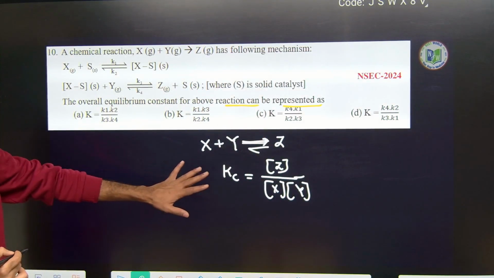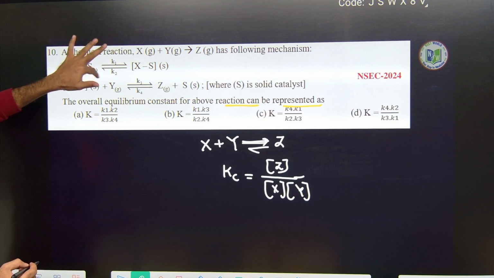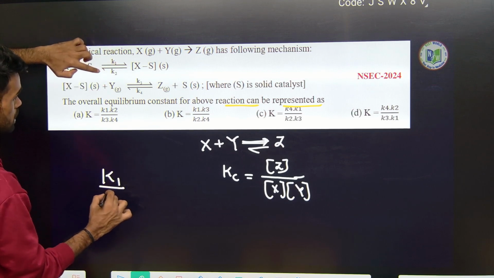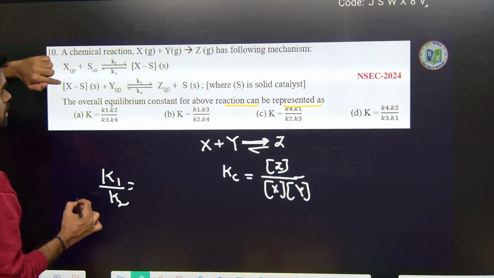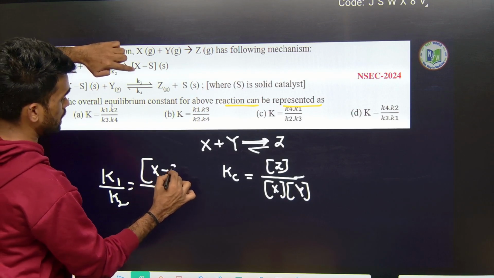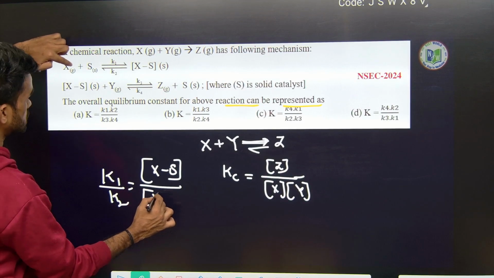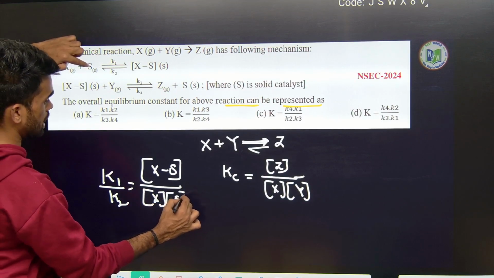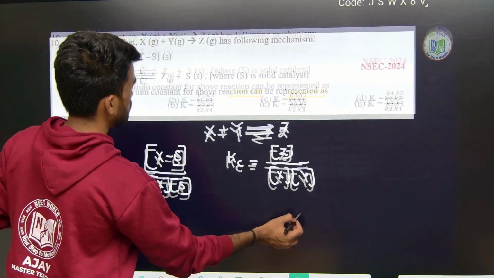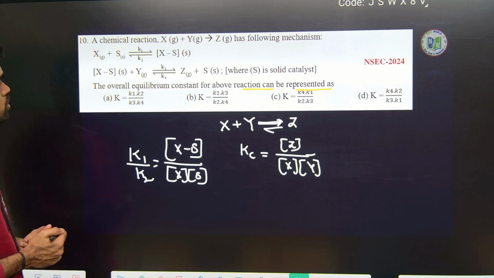Okay. So after writing this, just look at here. What can I write? K1 by K2 equals concentration of XS by concentration of X into concentration of S. Like this we can write. And after writing this, look at what other steps you can write here.